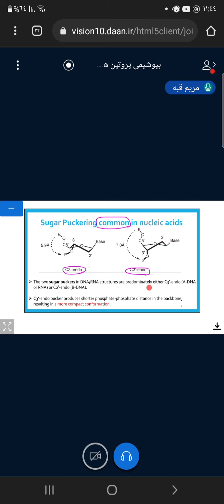Endo and exo conformations are only for sugar.